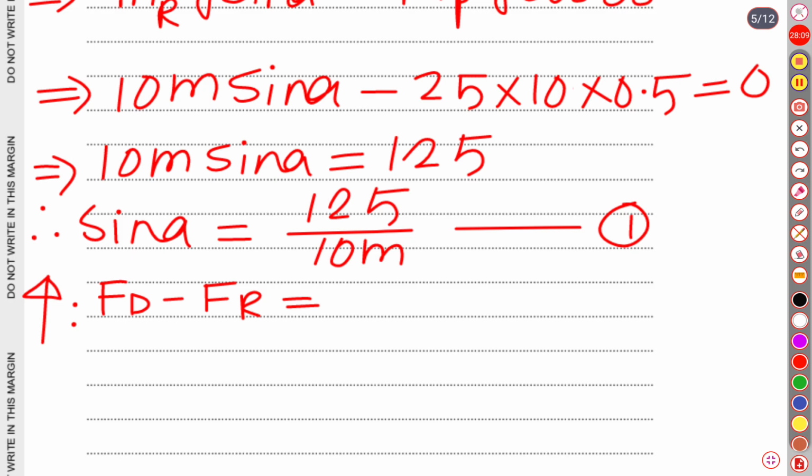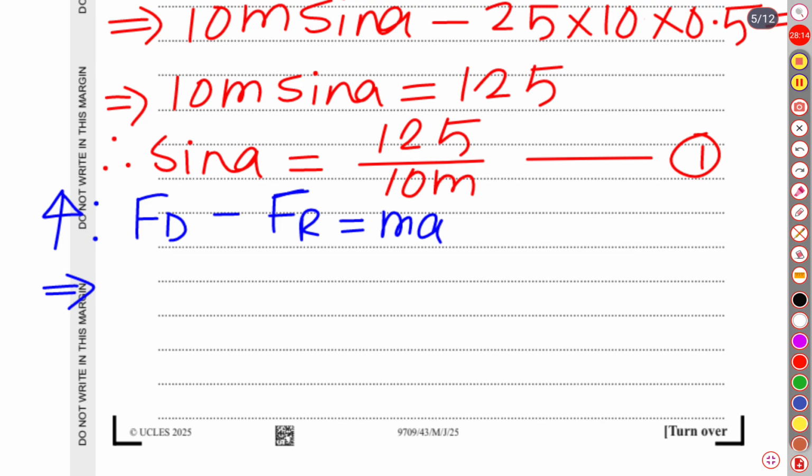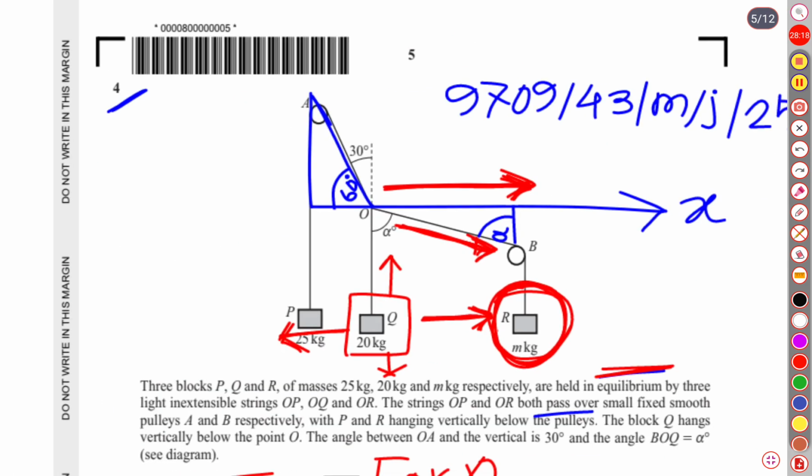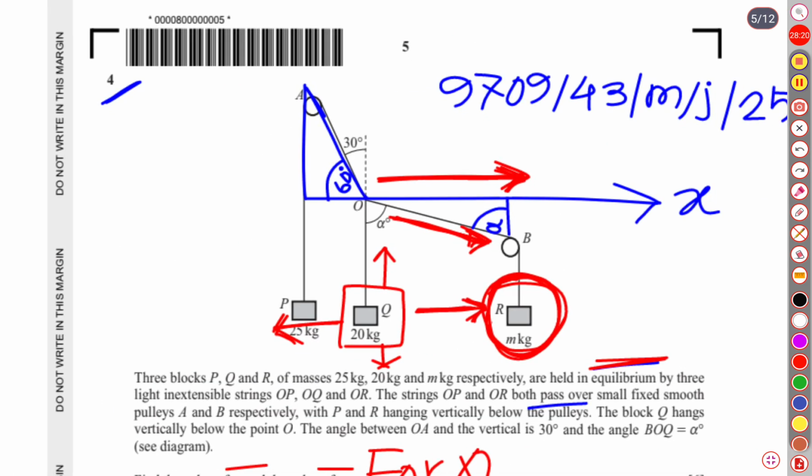I think it's better I change the color. If we resolve the forces vertically, the upward force is our driving force and the downward force is our resistance force. Now let's see what our upward force is. As O is our center, this one is the upward force.